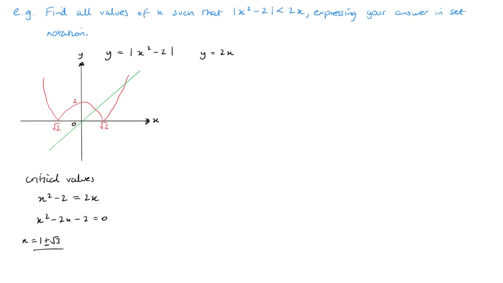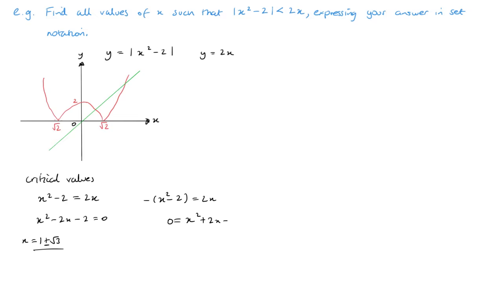Now the other critical value happens when the modulus sign does affect my graph. So that is this one, with the minus outside now. That is going to give me x squared plus 2x minus 2, sorry, not minus 2x.